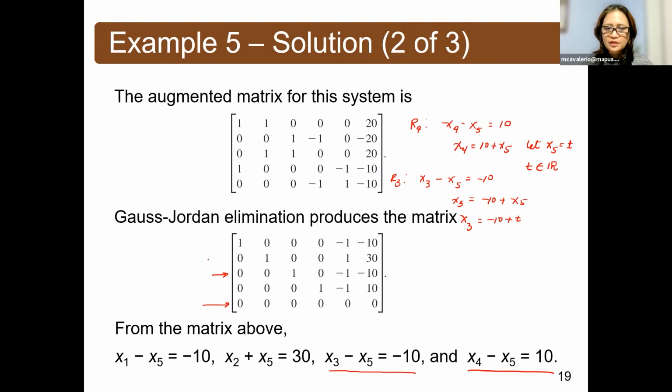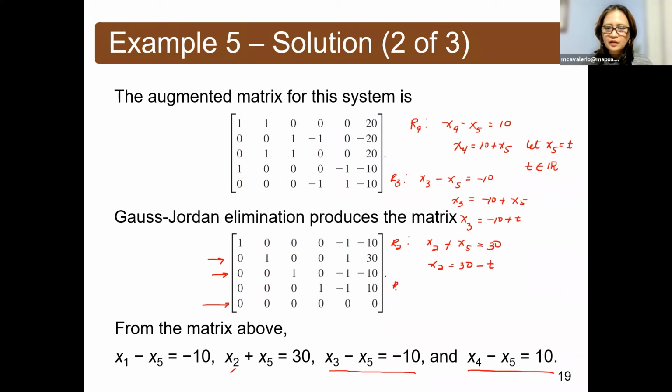And then considering row 2, we have x sub 2 plus x sub 5 is equivalent to 30. Therefore, x sub 2 is simply 30 minus x sub 5, or 30 minus t.